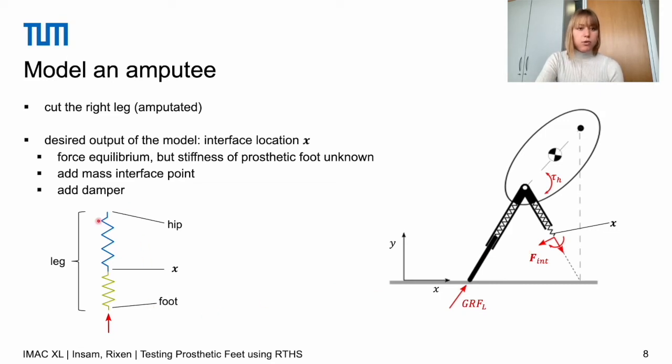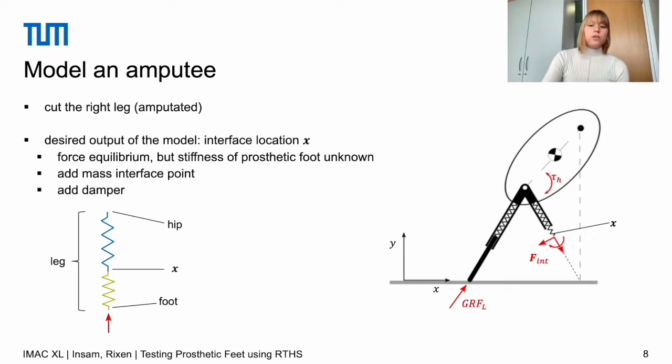So the force in the remaining leg and the force in the prosthetic foot need to be in equilibrium. In order to determine from this setup where the interface location is, we will need to know the stiffness of the prosthetic foot. This is, however, in general not known, and in particular, it might also be nonlinear stiffness characteristics.